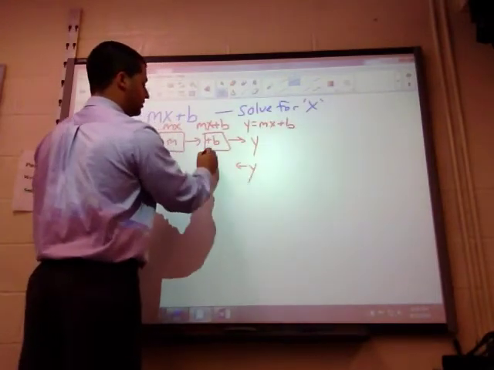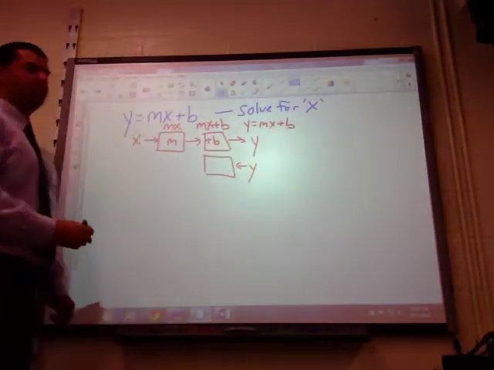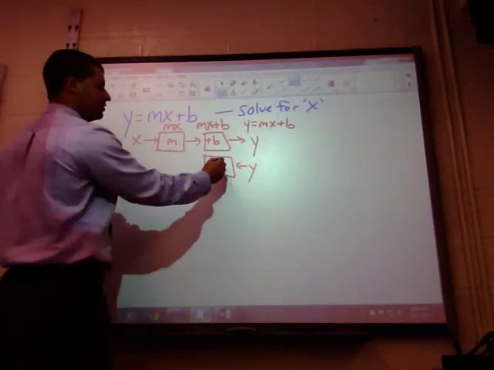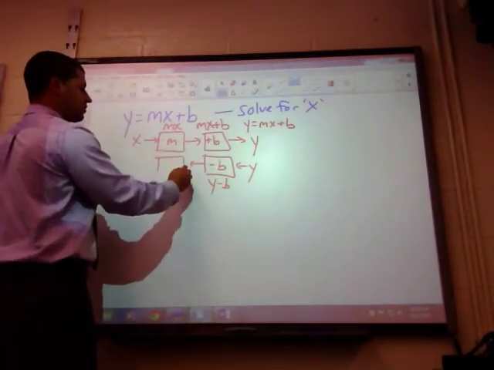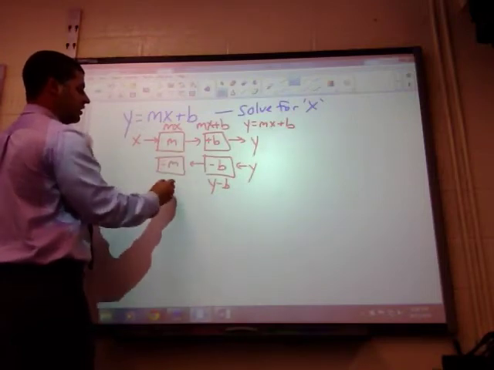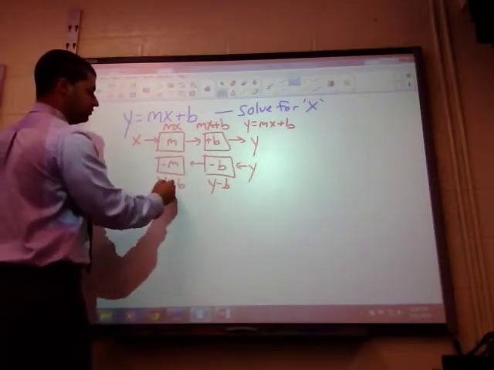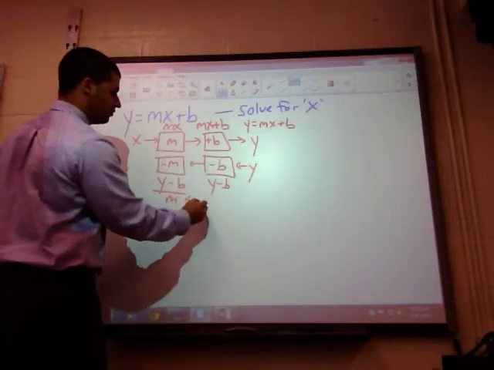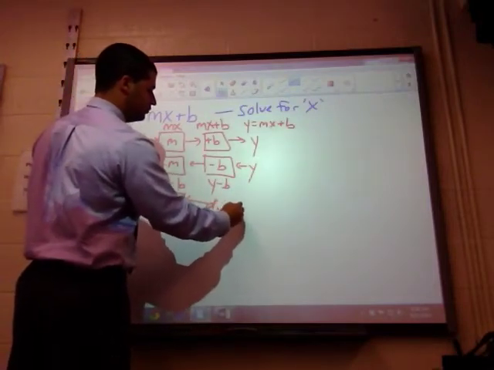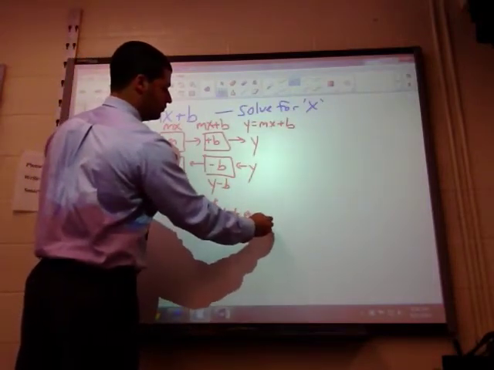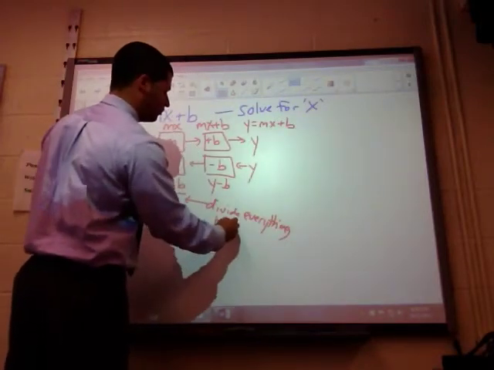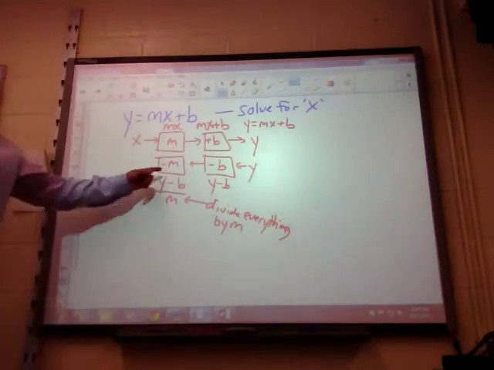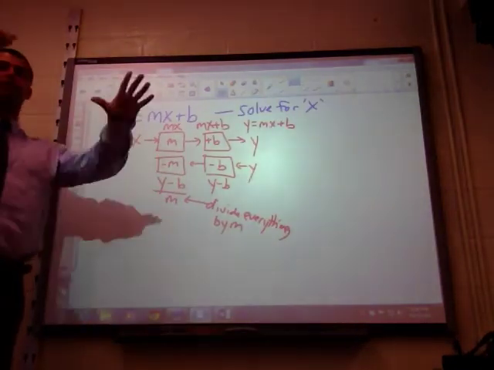Now on the way back, inverse operation of plus b is minus b, y minus b, and then divide by m. And we're going to divide everything by m. So whenever in this last step we're multiplying or dividing, we're doing it to everything.